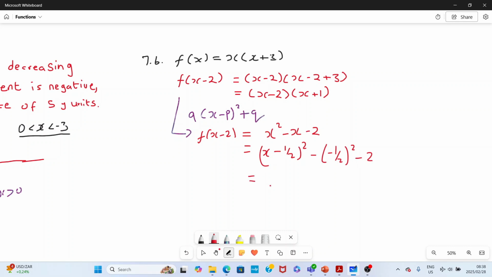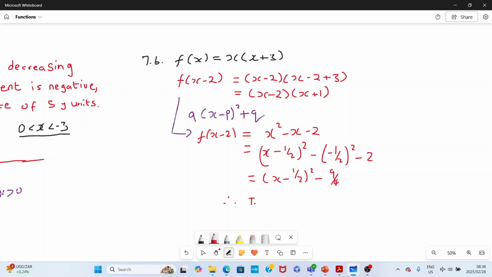So this will be x minus 1 over 2 squared minus 9 over 4 if you work this out.